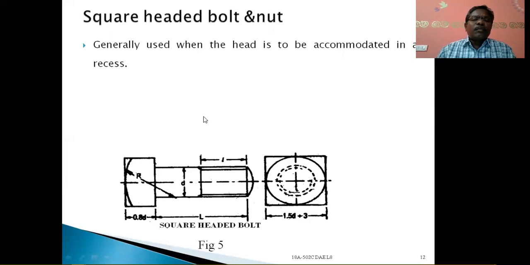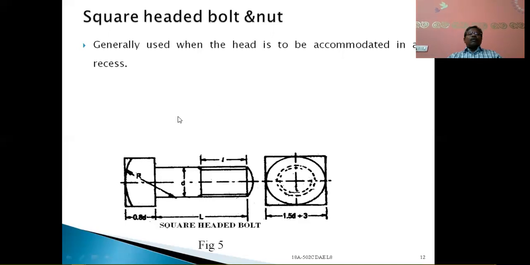Hexagonal head bolt proportions will be the same as the hexagonal head nut, and only the length of the threaded part differs: up to 80 mm it is 2d plus 5, from 80 to 200 it is 2d plus 10, and above 200 it is 2d plus 20.